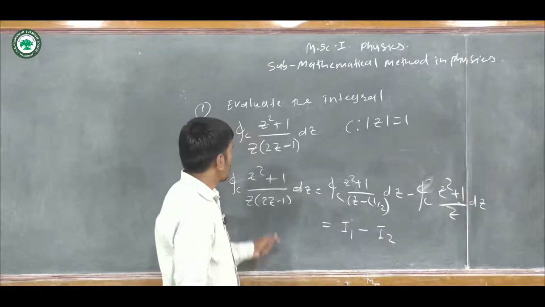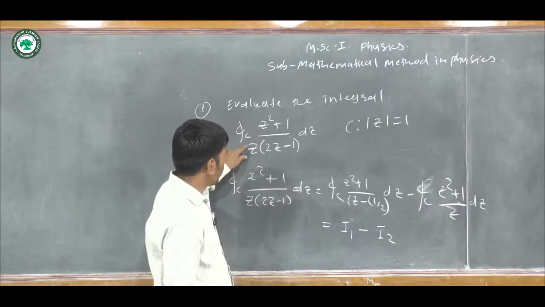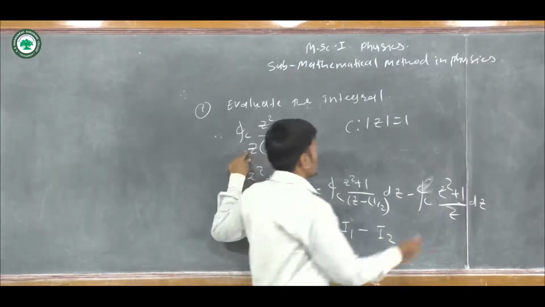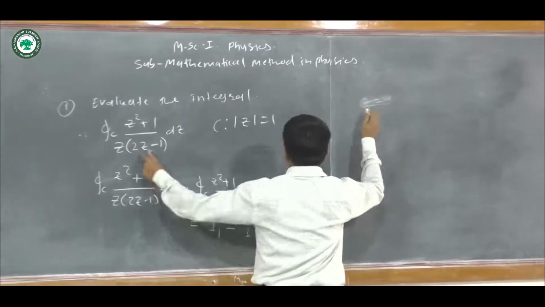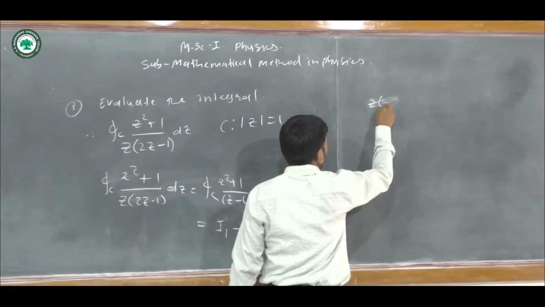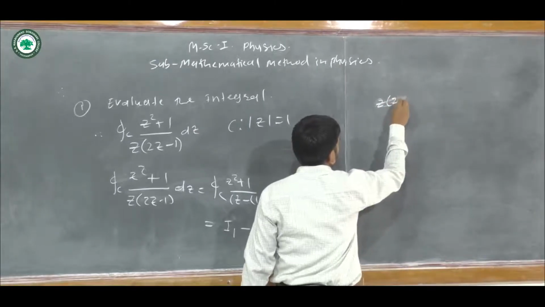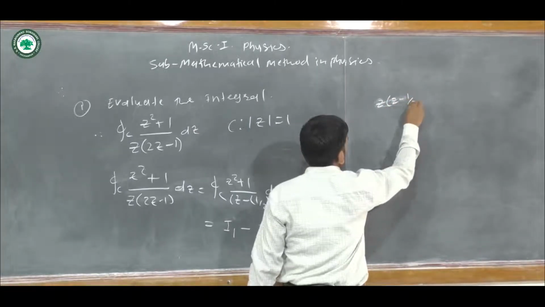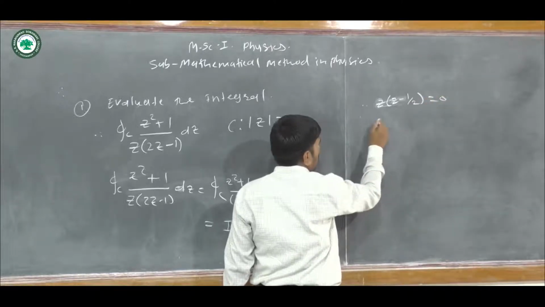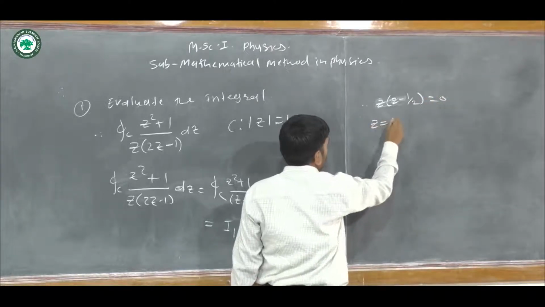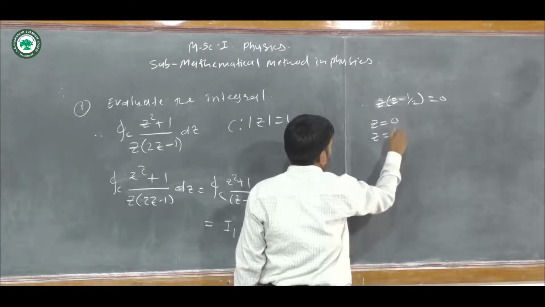Now if we find the singular points from the denominator, that is z into 2 or z minus half is equal to 0, from this we find the singularity points: z is equal to 0 and z is equal to half.